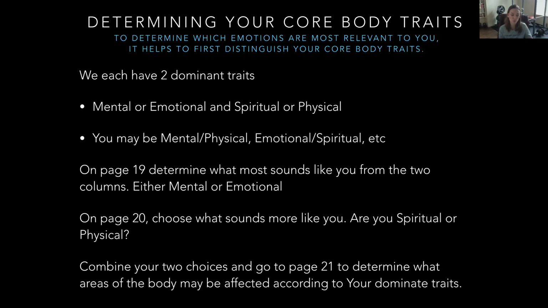If you're spiritual mental, then you may have your balance disturbed, your brain, your eyes, your hypothalamus, your pineal gland, your pituitary gland, your thalamus, and your thyroid could be having the issues. If you're spiritual emotional, your heart and your intestines are most affected. And if you are physical emotional, then it can show up in your blood, your gallbladder, your gonadals, your kidneys, liver, lung, pancreas, and skin.